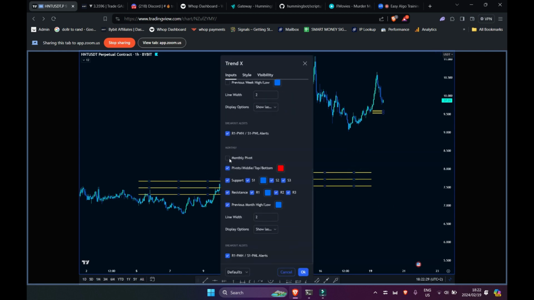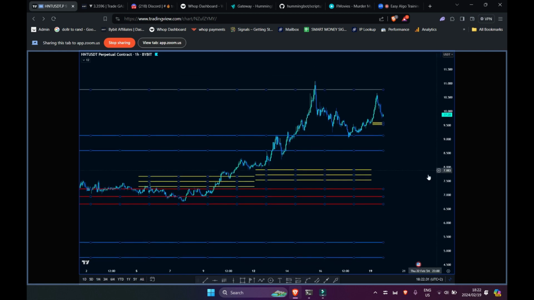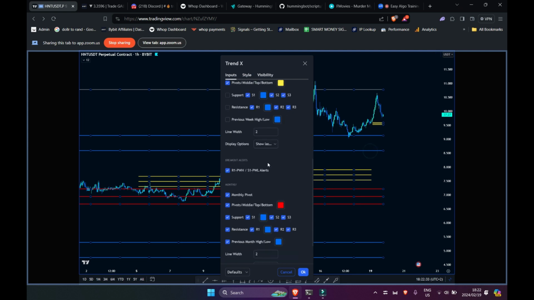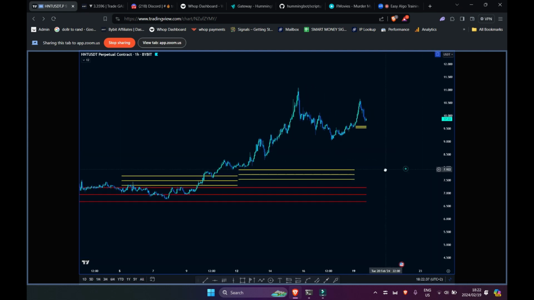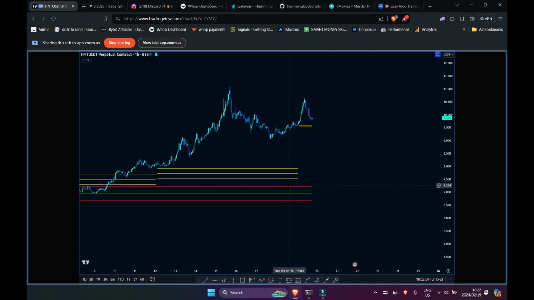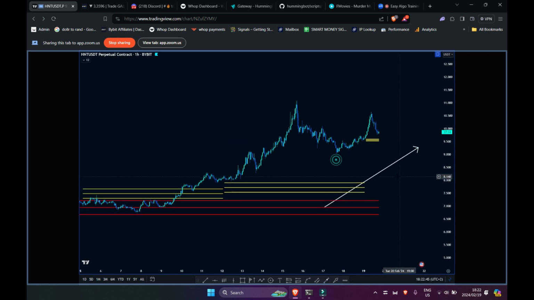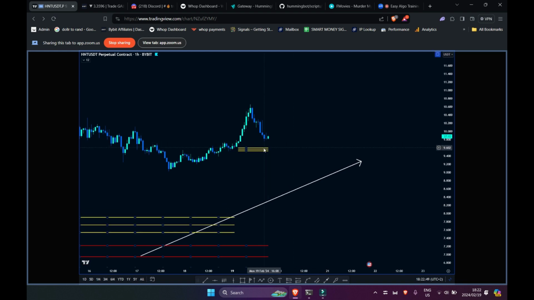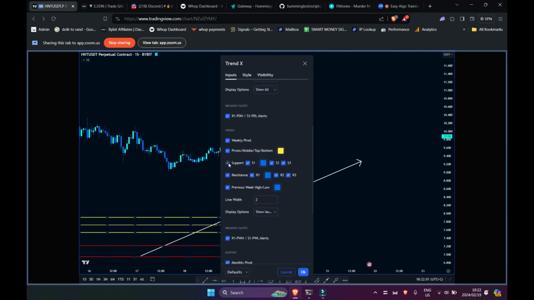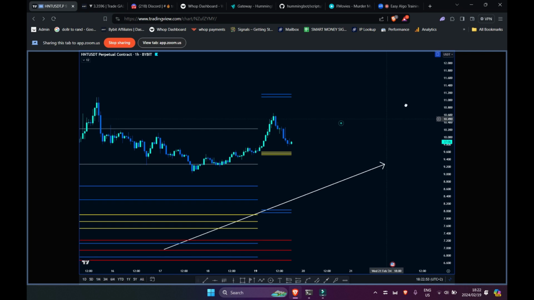I'm going to turn on, and you'll see my criteria is pretty much the same as always. Price is above the monthly pivot and the weekly pivot, and it's an ascending pivot. The weekly pivots are getting higher than each other. So you can see there's a good potential for trading this pivot this week.